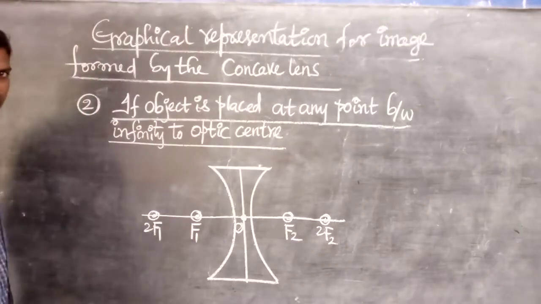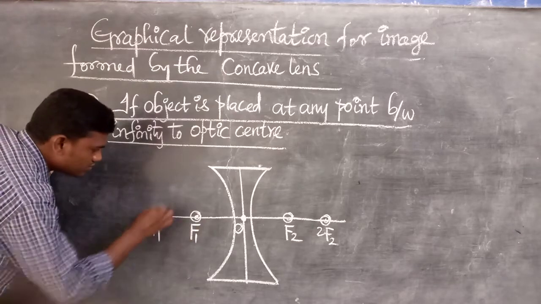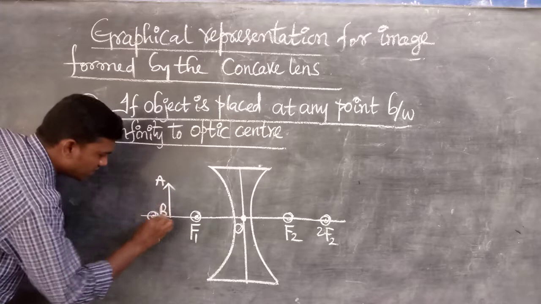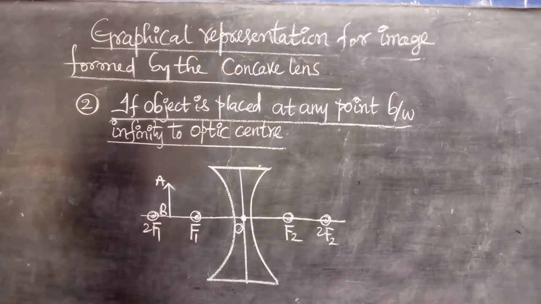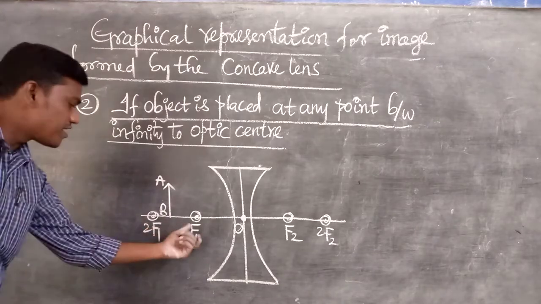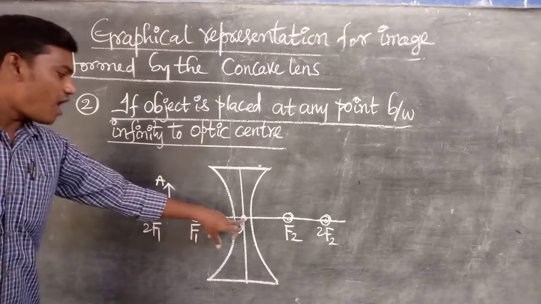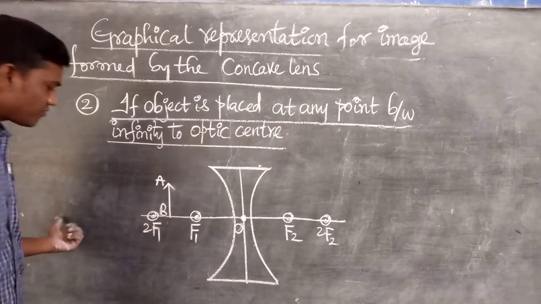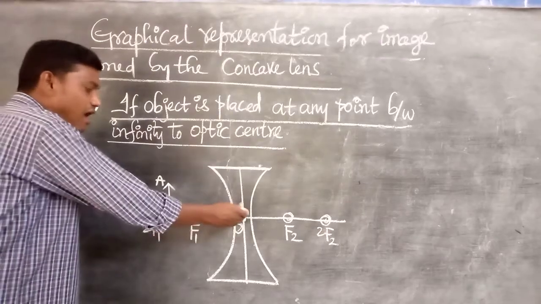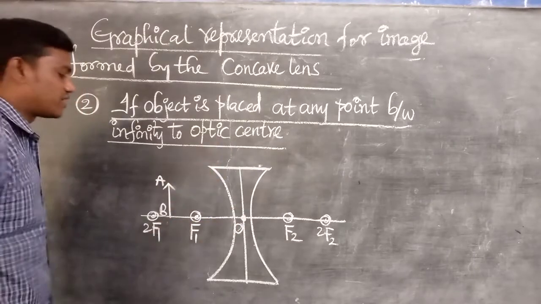I will roughly show another diagrams also. AB is the position of the object. This object is placed between 2F1 and F1, because the object position lies between optic center and infinity, since 2F1 and F1 are also points between the optic center and the infinity. This is the optic center, and here is the infinity.